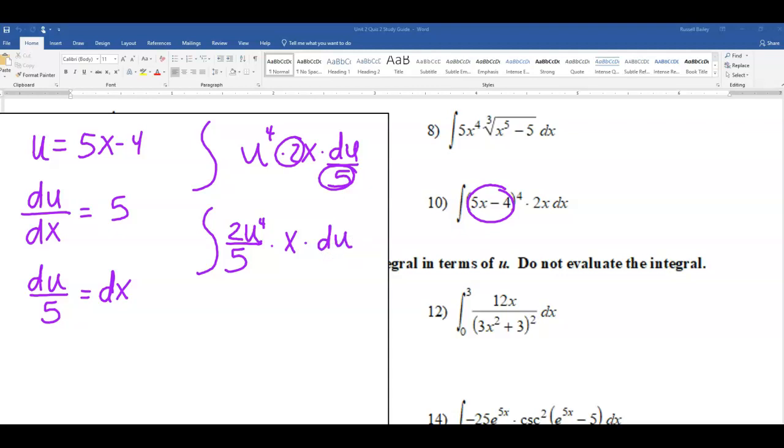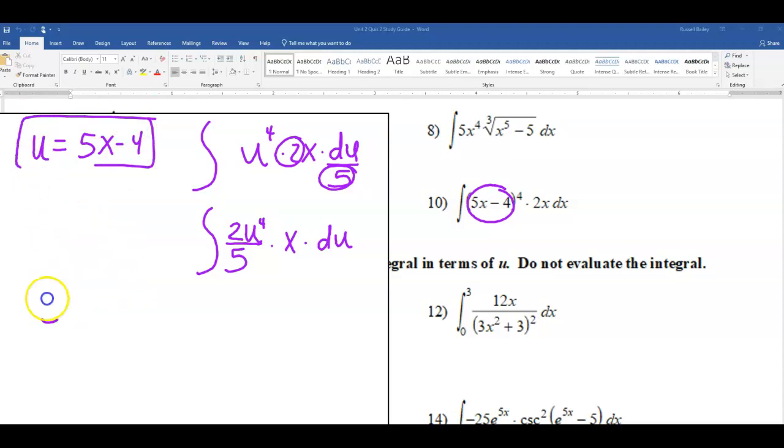Now the next thing we're going to do is come back to this equation here. We're going to solve for x. So let's do that. First thing I'm going to do is add 4 on both sides. And then I'm going to divide by 5.